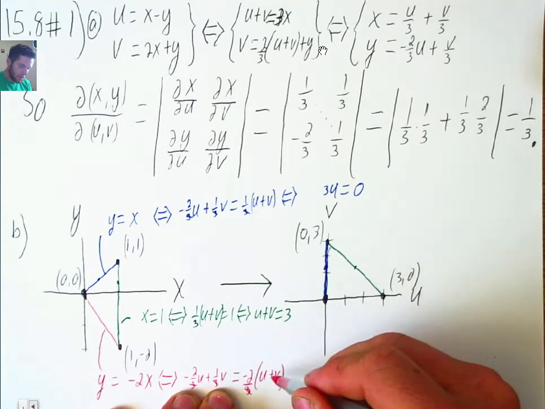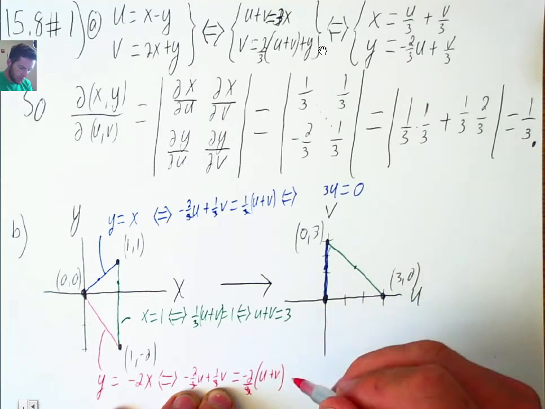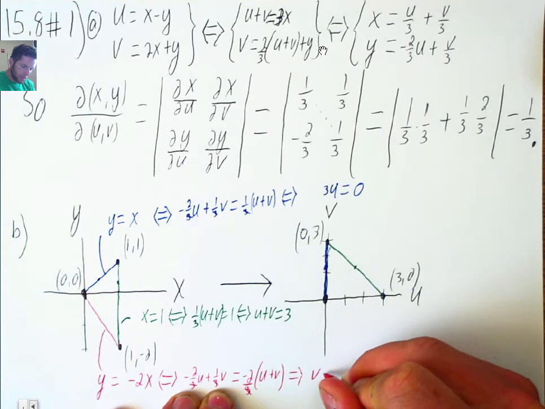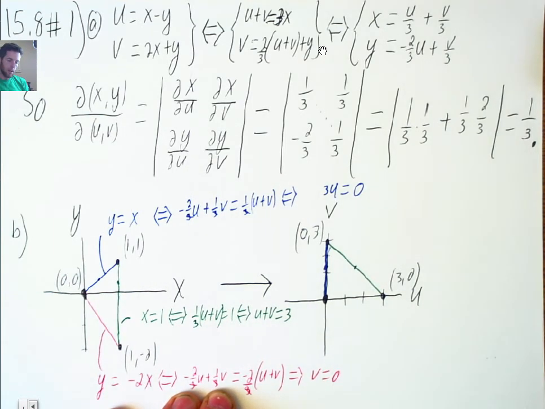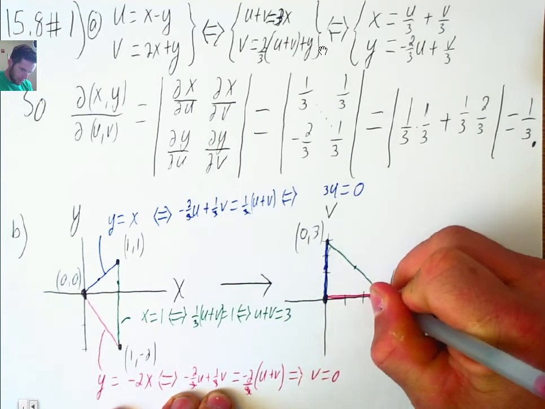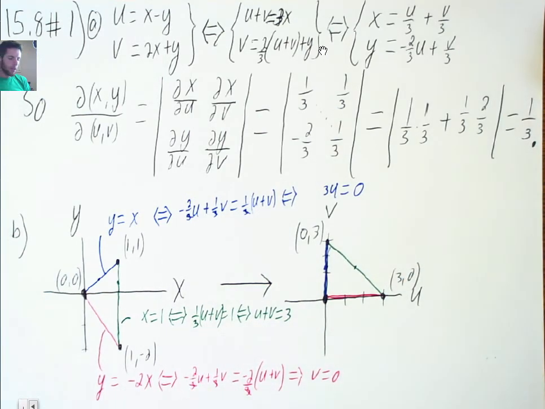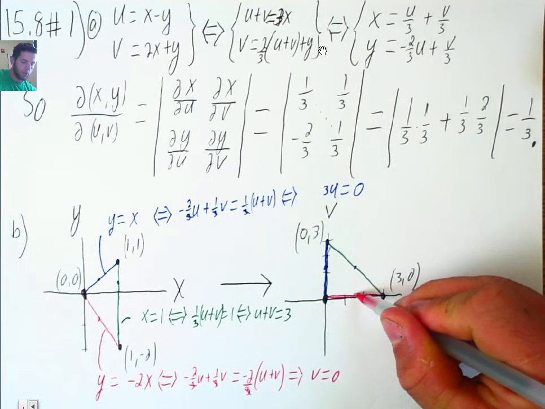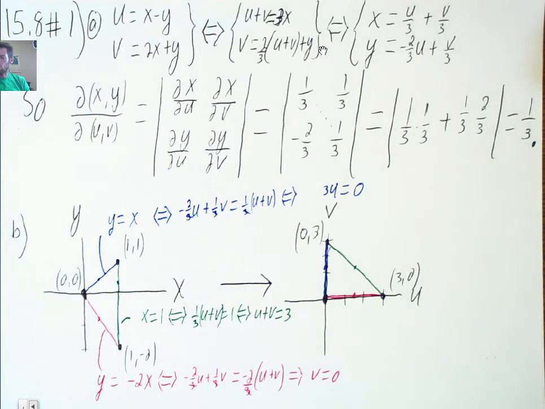We'll have a v there and a v there, and -2v there. So let's see, we get 3v is equal to 0, or v is equal to 0. And v is equal to 0 is that line. Okay. So these 3 lines go to those 3 lines. Every point in the middle of this red line, like that one, will go to some point in the middle of that red line.